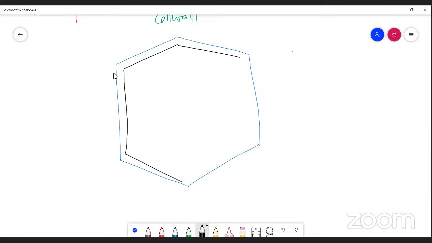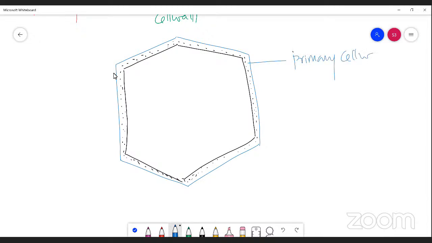The black color indicates the primary cell wall. What is the primary cell wall? It is the outermost layer of a cell wall. The blue color indicates the primary cell wall.